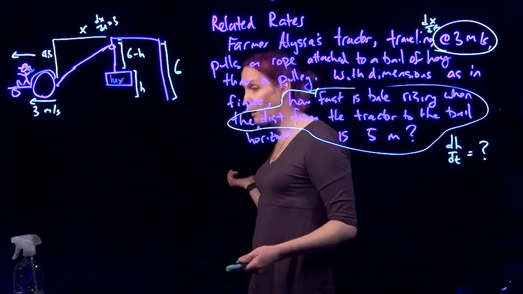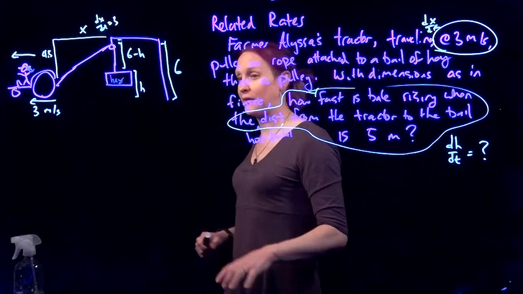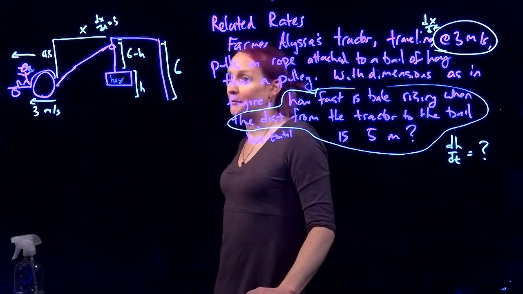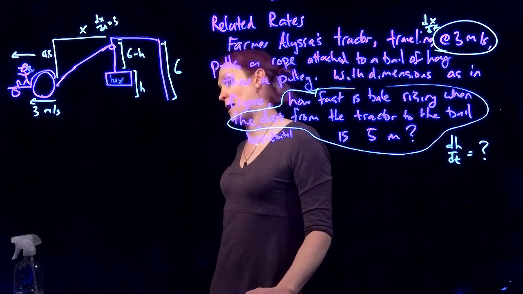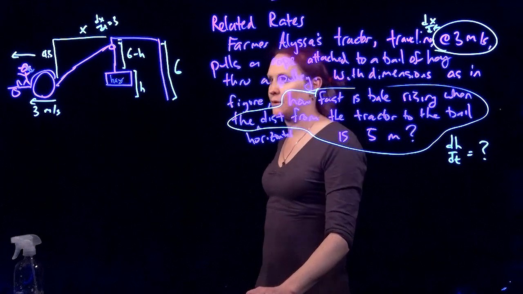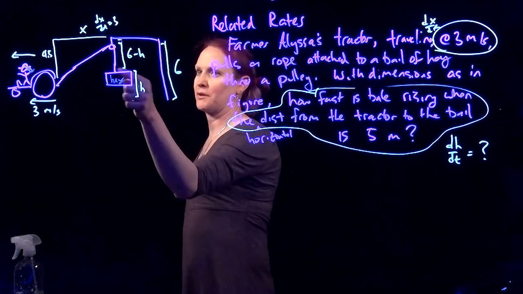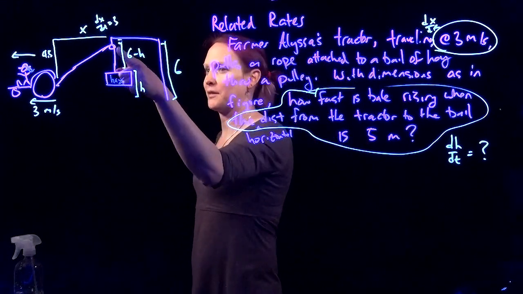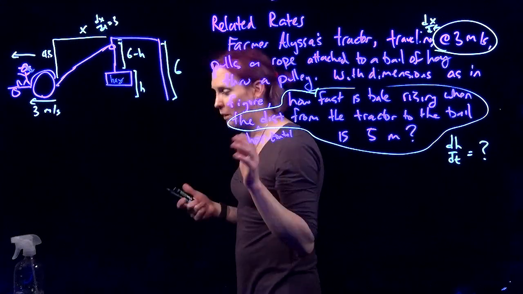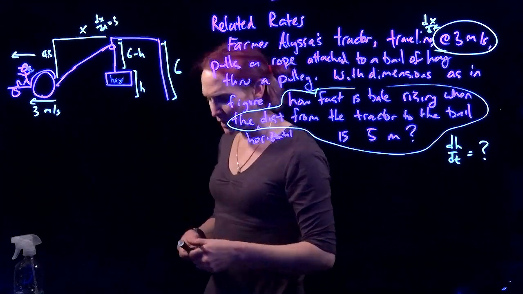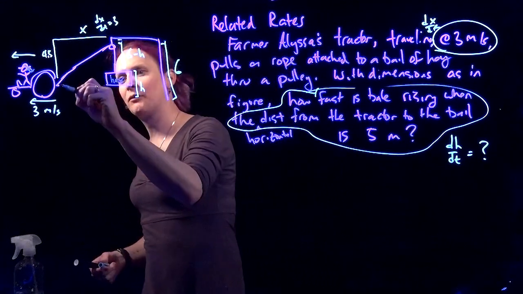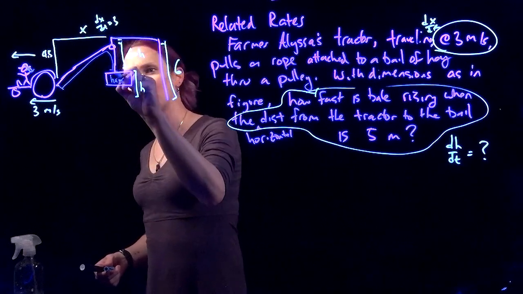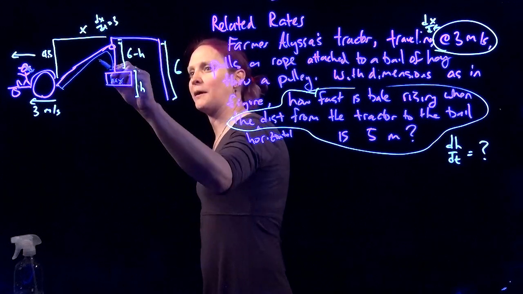The amount of rope that Alyssa has as she's hooked up to this bale of hay is the same throughout the problem at all times, until the rope breaks, because the bale of hay runs into the pulley, and then who knows what happens after that. So this length of rope is fixed at all times.